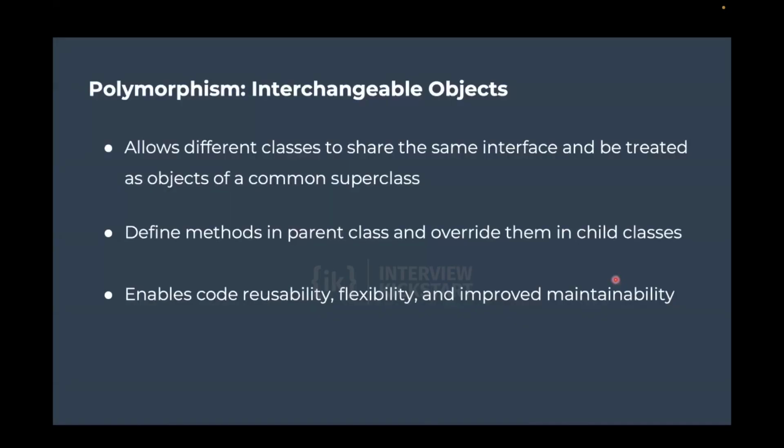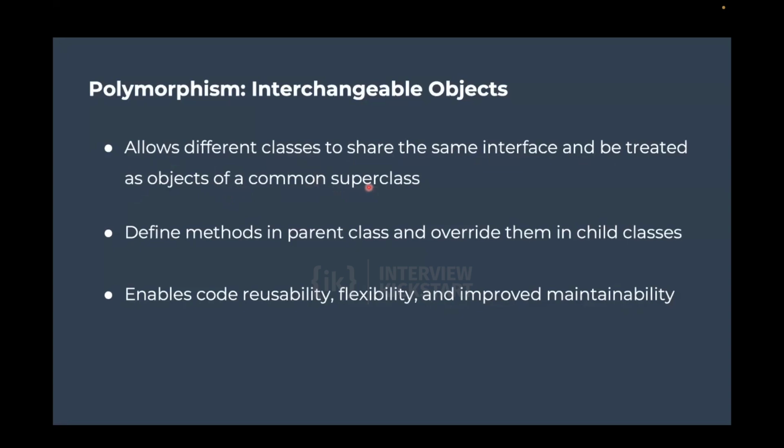So the last topic for classes that we're going to learn is polymorphism. Polymorphism is one tool we can use for interchangeable objects in between classes. It allows different classes to share the same interface and be treated as objects of a common superclass.